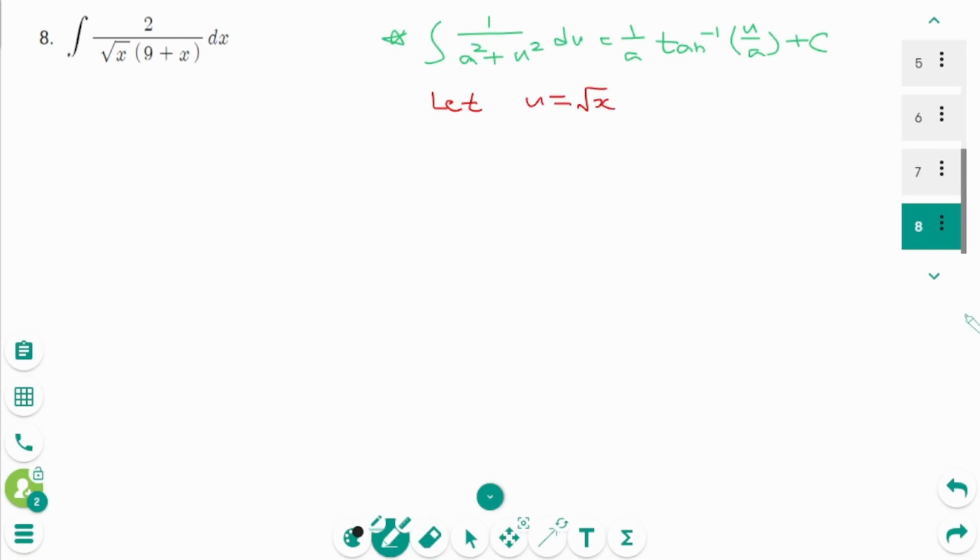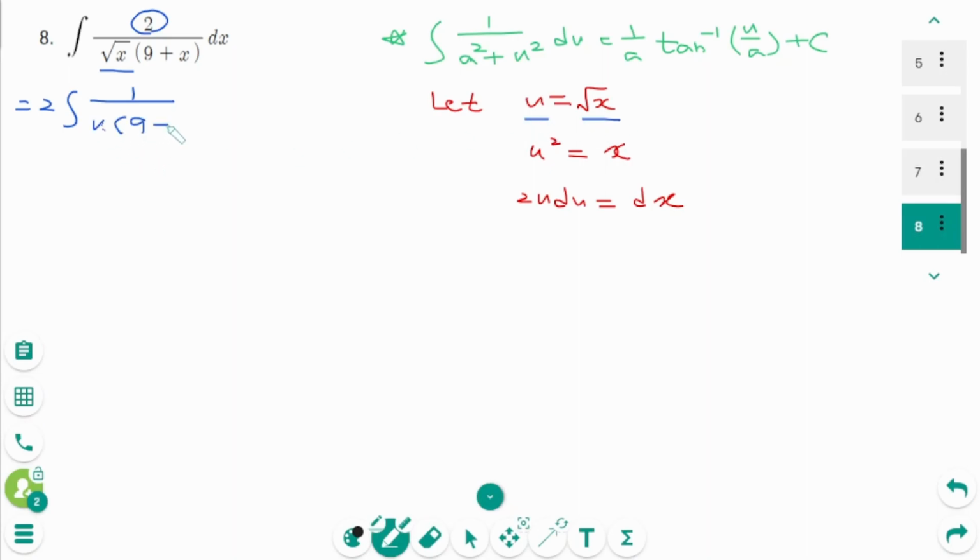We can differentiate both sides right here, but let's use the easier way. Square each side: u squared equals x, then differentiate each side: 2u du equals dx. Now change all x into u. 2 moves here.